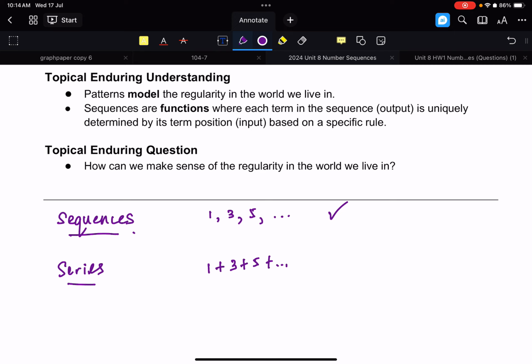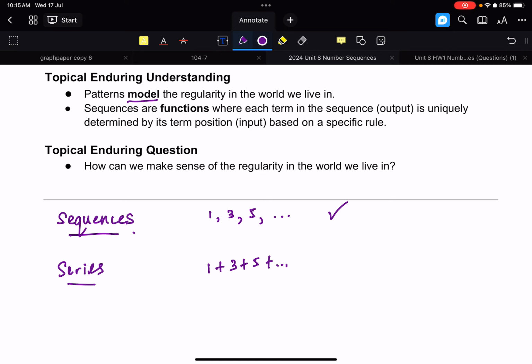So let's begin, right? There are some things that we hope to understand through this exercise, that is, to realize that pattern models the regularity in the world we live in. In the real world context, many things actually follow certain patterns, right? So if we can understand the pattern and put it into a mathematical model, we can do a lot of prediction and enhance our understanding.